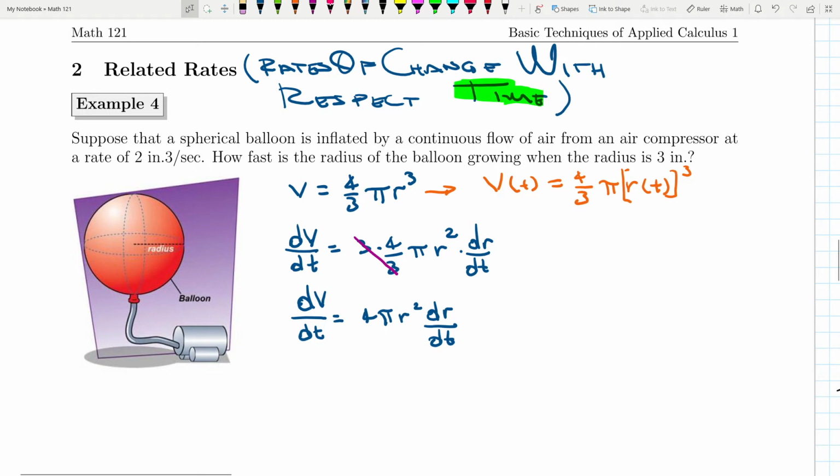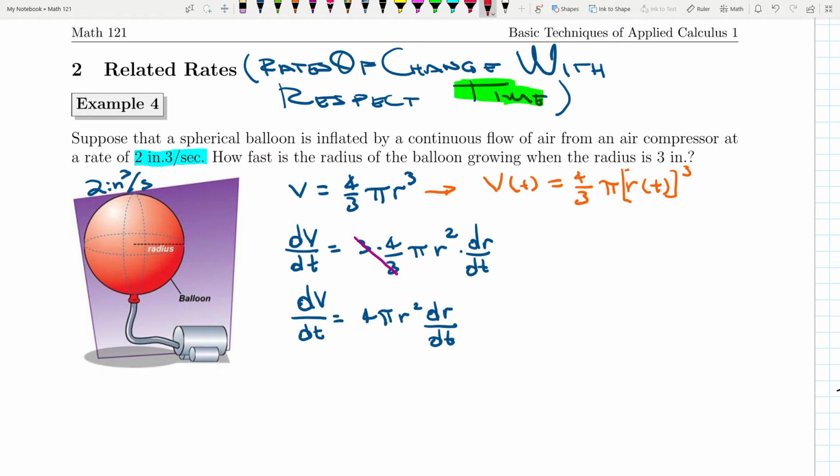Well, on the one hand, they're giving us a rate of change because of the units. So we have a rate of 2 inches cubed per second. These inches cubed per second are represented by the change in the volume.